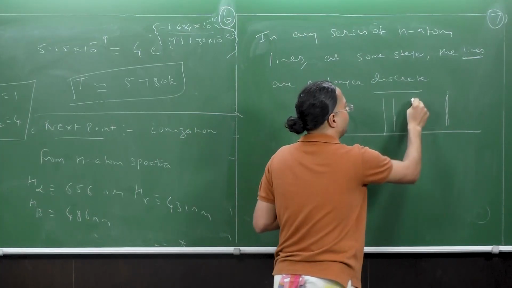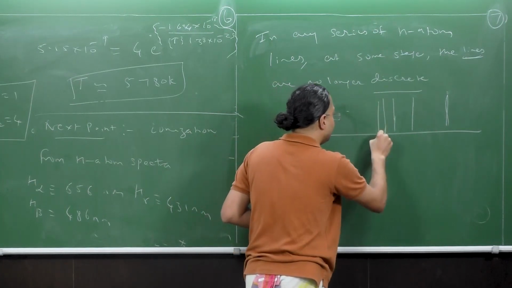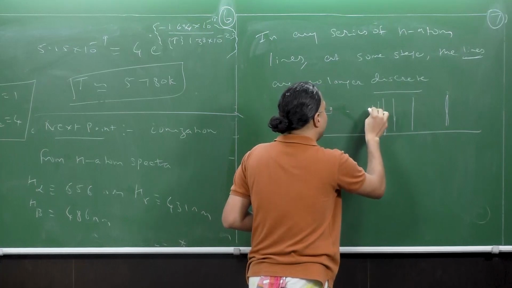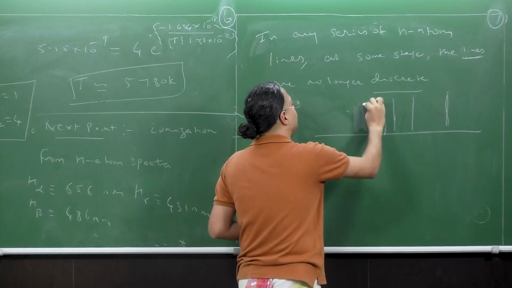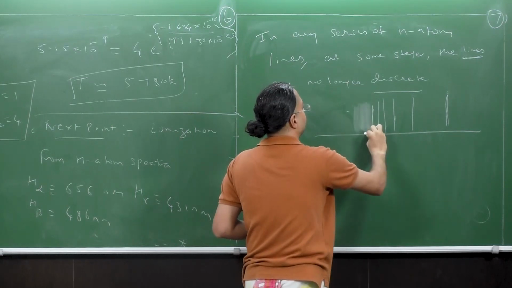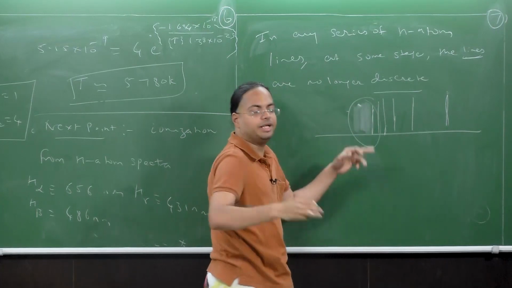Let me just draw them with equal intensity for educational purposes. And then you can no longer differentiate between the lines. These are all discrete lines, and suddenly over here you get a continuous range.